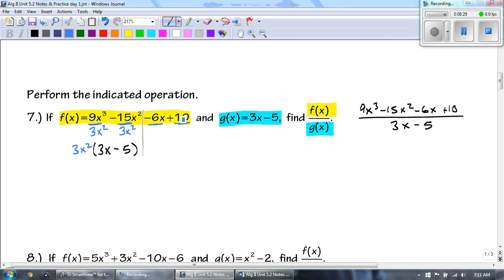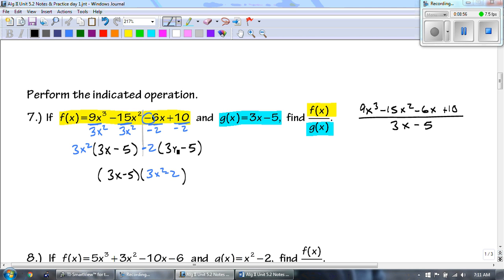Now, negative 6x and 10, I can factor out a 2, and it's going to be a negative 2. And then when we do that, negative 6x divided by negative 2 is a positive 3x. 10 divided by negative 2 is negative 5. And then when I'm done, I get 3x minus 5 and 3x squared minus 2.